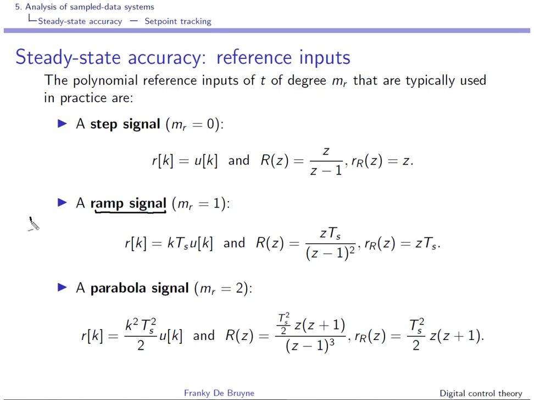In practice, the signal at the input of the closed loop system, the set point, will be a truncated ramp, and it will look like this. At some stage the set point signal becomes constant again. But we use this type of signal to study steady state accuracy, and of course we expect the accuracy to occur as fast as possible in the ramping stage of the set point signal.